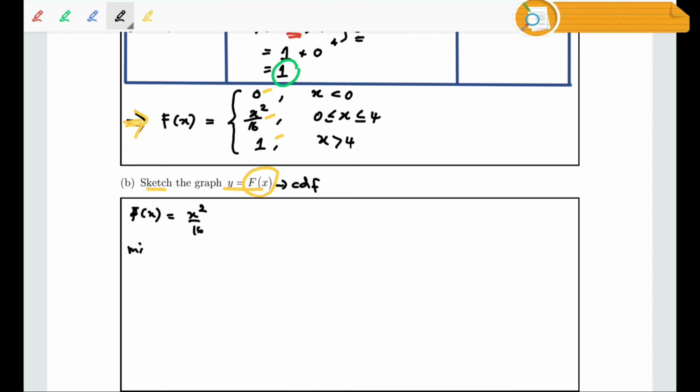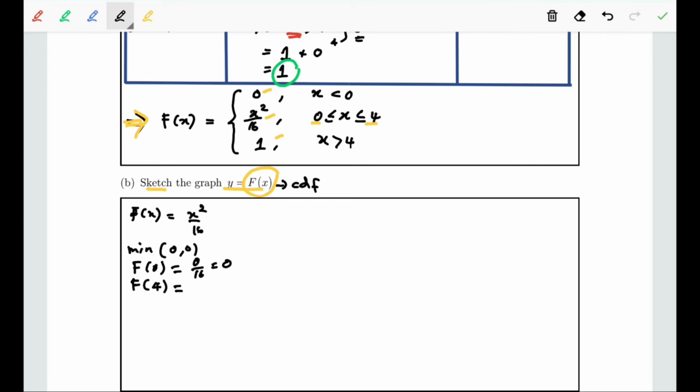The minimum here should be 0, 0. Since the interval varies from 0 until 4, we're going to find these two values, F of 0 and also F of 4. So F of 0 should be 0 over 16, which equals 0. This is the minimum point. F of 4 equals 4 squared over 16, which gives you 1.